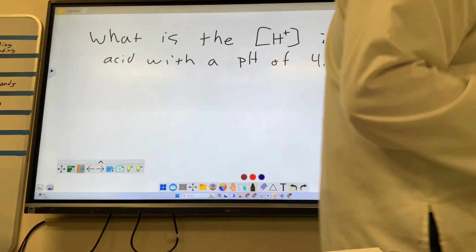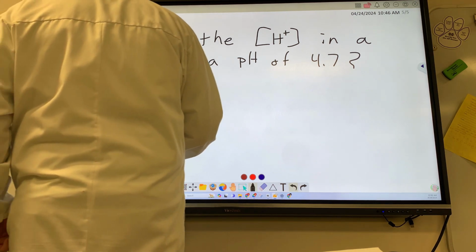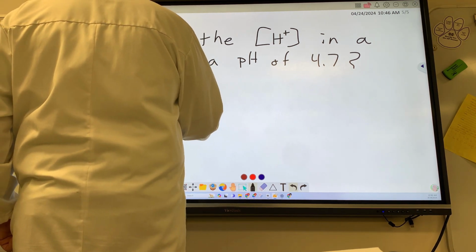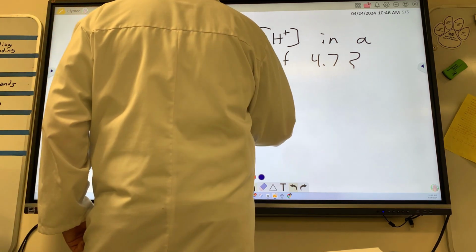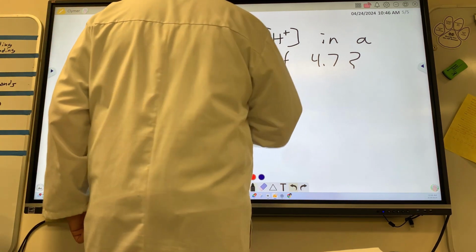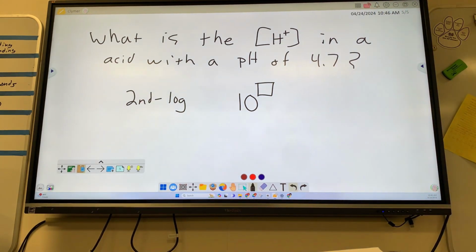You're going to hit the second button. That's going to give you a little, and then hit log. That gives you a little this. Do that now on your calculator if you haven't yet. Hit second and then log. You get a 10 with a little box that's blinking for those of you with these sorts of calculators.